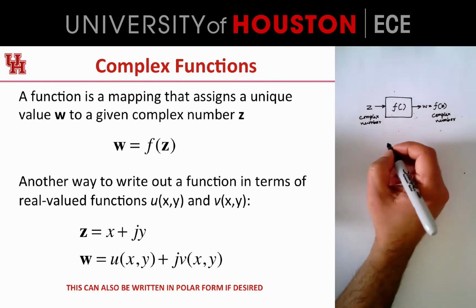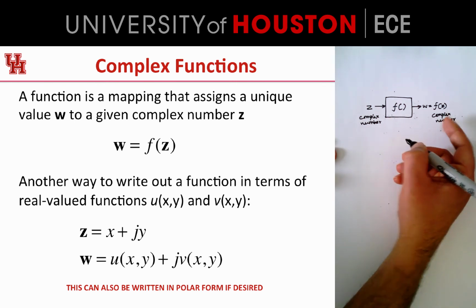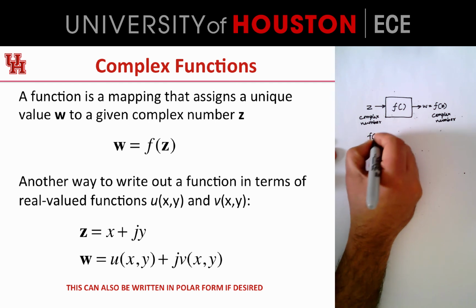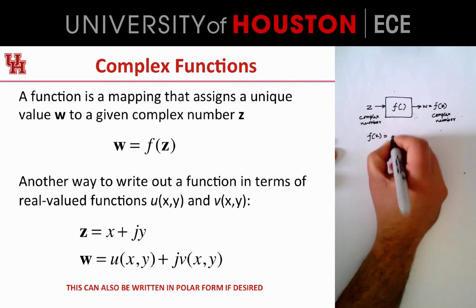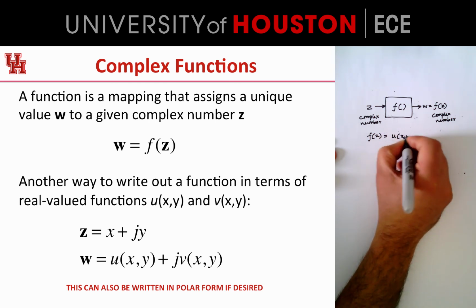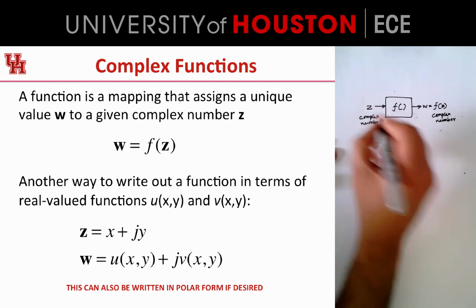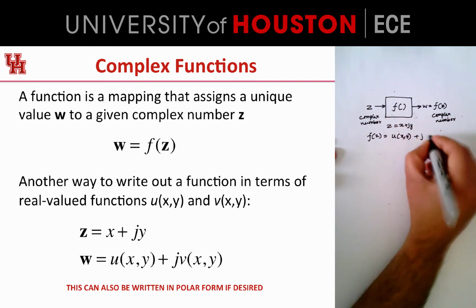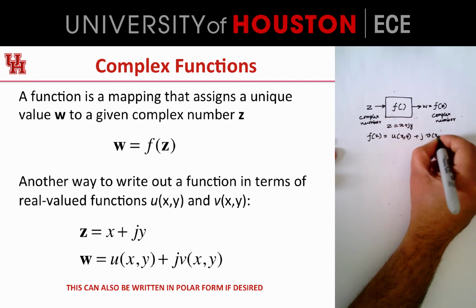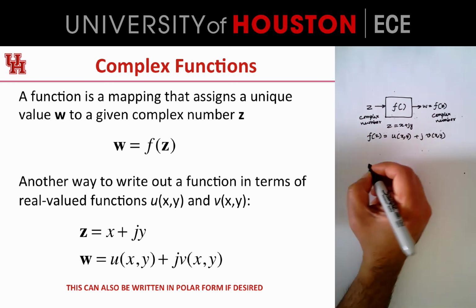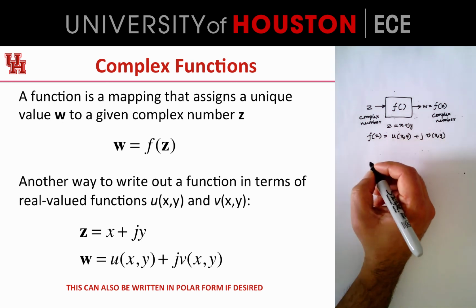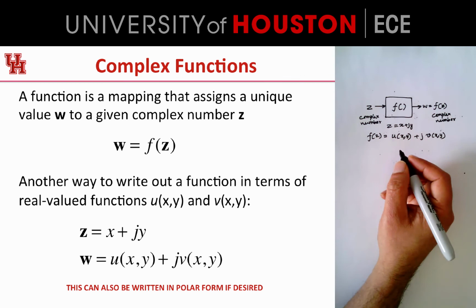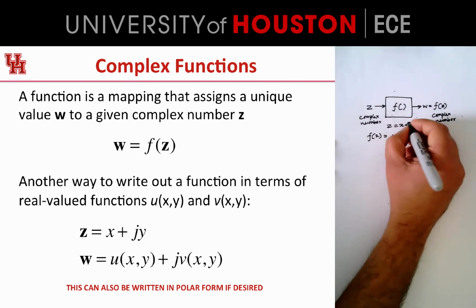Now, since the output is complex, we can write this as a real part, which is u of x y, where z is x plus j y, plus j v of x y. Now, this can also be written in polar form, in much the same way.